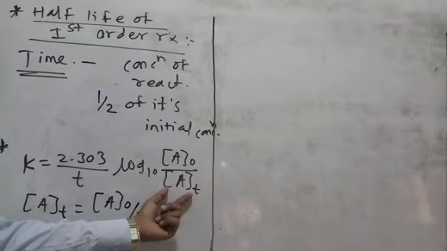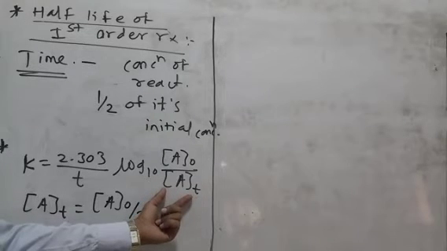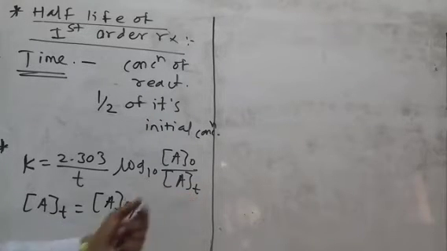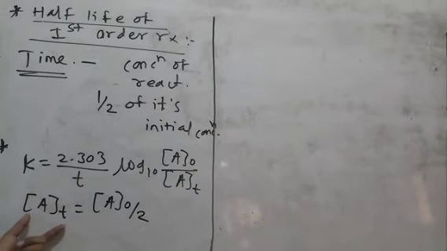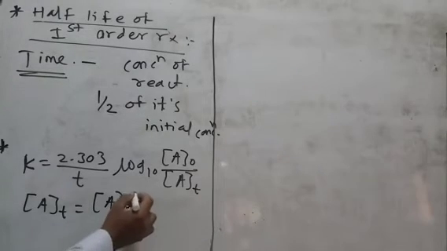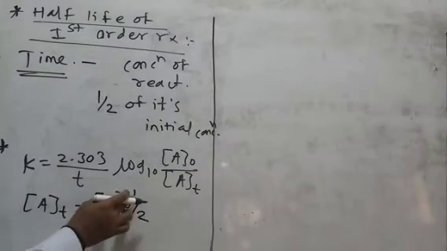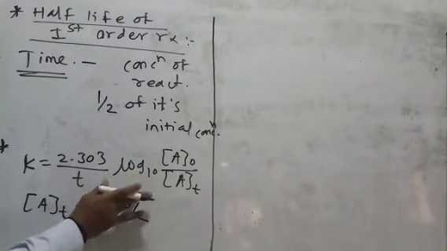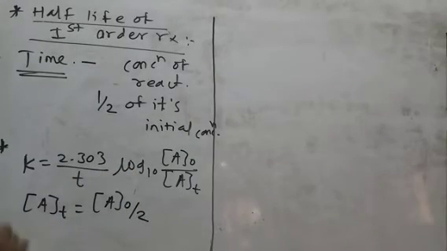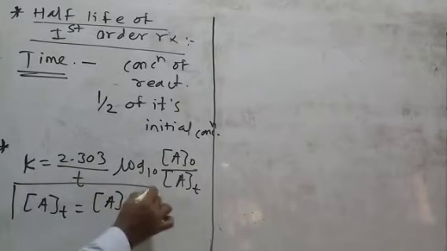The concentration of A decreases to At at time t. So the concentration At becomes A0 divided by 2, or 1/2, and for that we simply write A0 divided by 2. So that is one of the values.